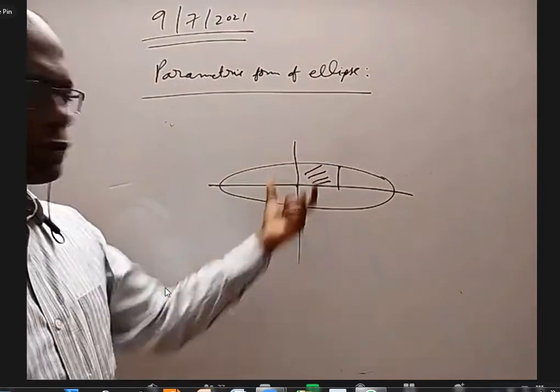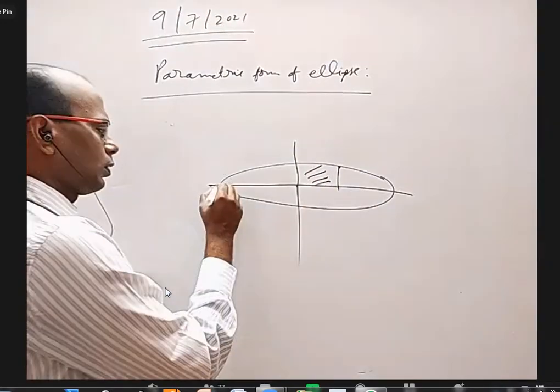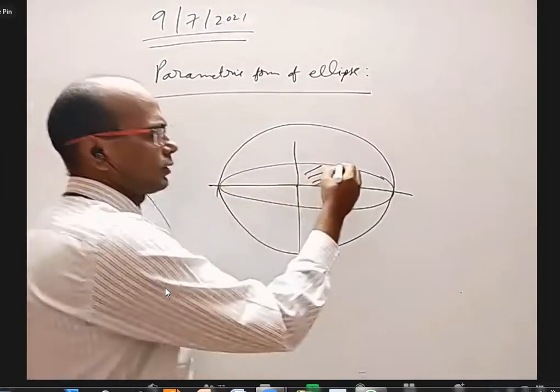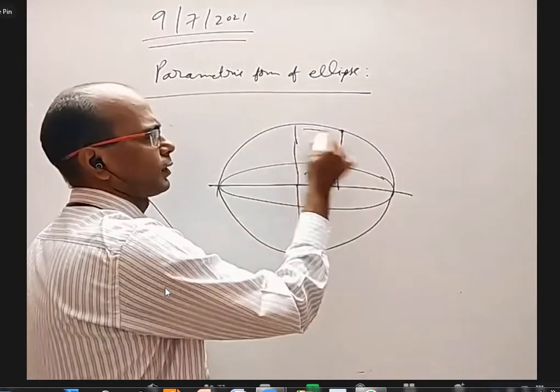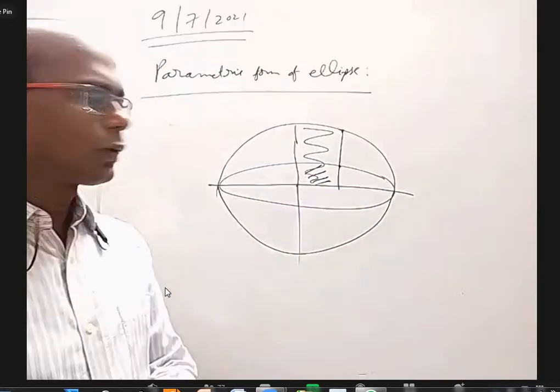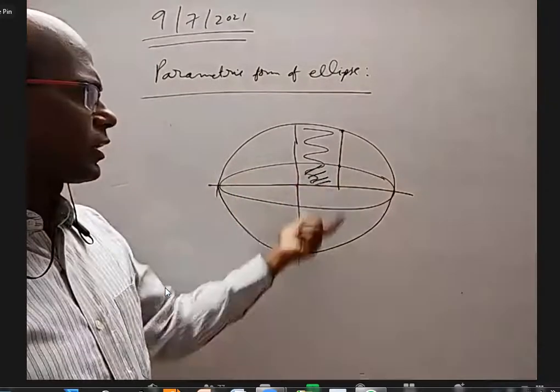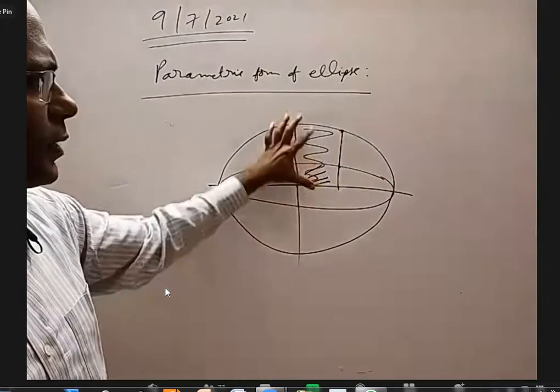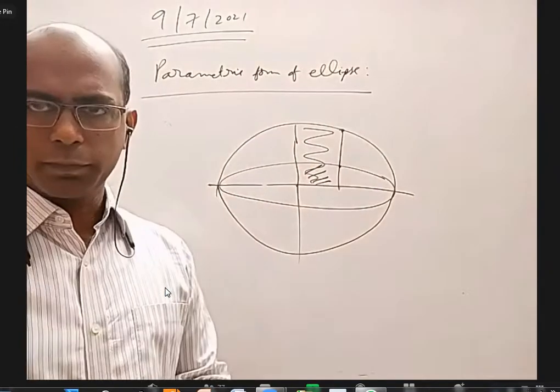I can use calculus to find area, or you draw this auxiliary circle, take the corresponding point. I think this area can be found easily. And then take this area, multiply by b by a, you should get this area, because any strip that you take, this height is b by a times this height. Is it correct?